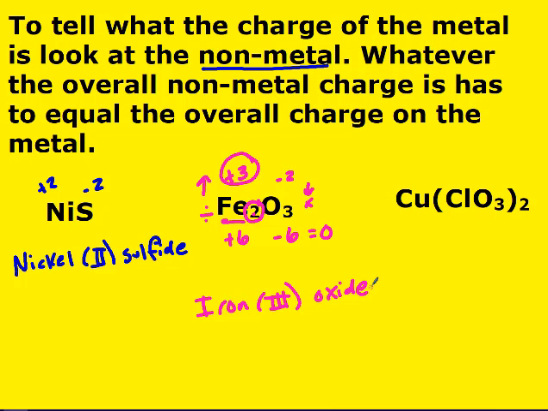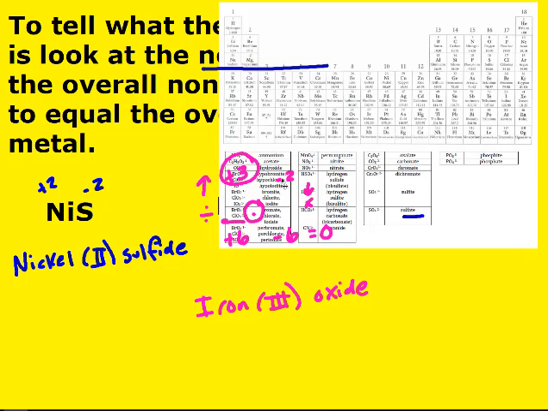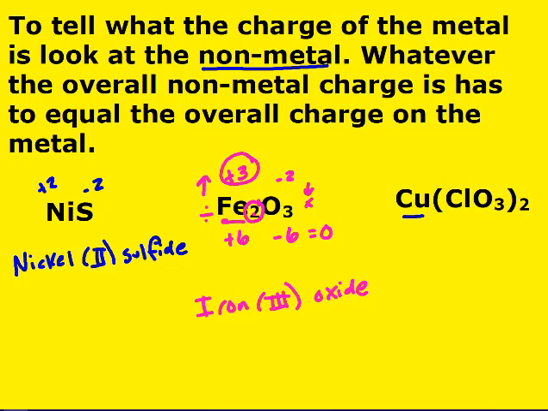For our last one, we look at our metal and we do not know the charge of copper. So we look at ClO3, and ClO3 from our list of polyatomic ions is over here. It's a -1 charge. Because this is in parentheses, I'm going to multiply by the number outside the parentheses.